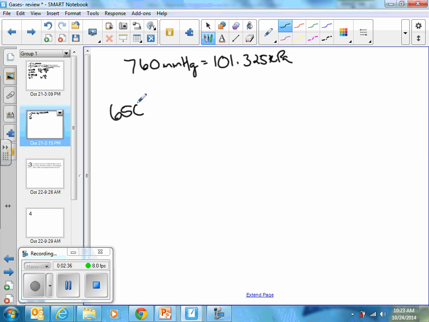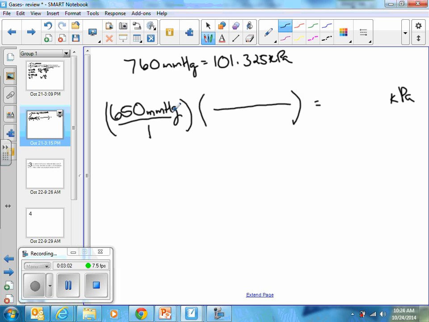So if I want to convert 650 millimeters of mercury, I need to multiply it by this ratio. In the end, I want to end up with my units in kilopascals. So this means that I need to multiply so that millimeters of mercury get canceled out. So I'm just going to write this over 1 to make this into a fraction, and then multiply it by my ratio, which we also write as a fraction. If millimeters of mercury are going to cancel, they have to be in the denominator and kilopascals in the numerator, so that I end up with kilopascals at the end.